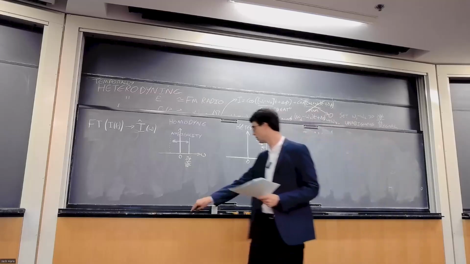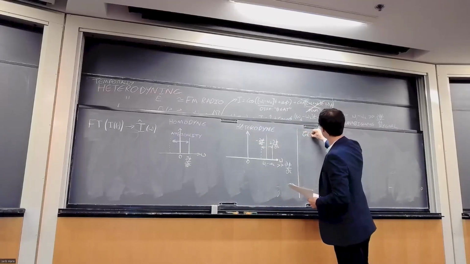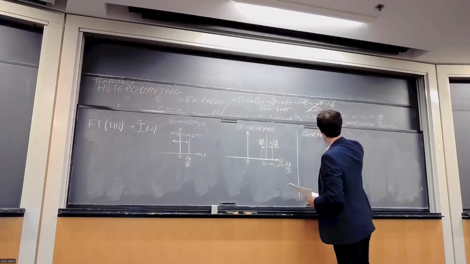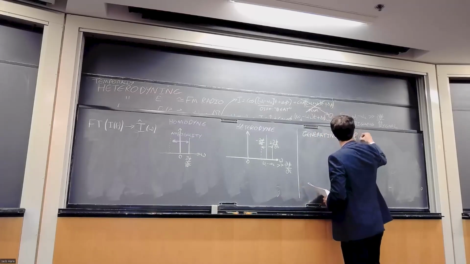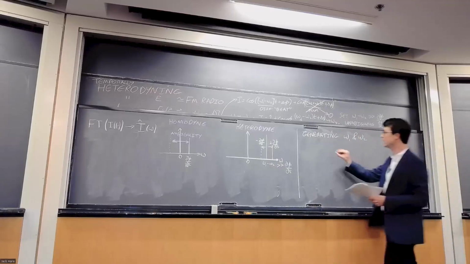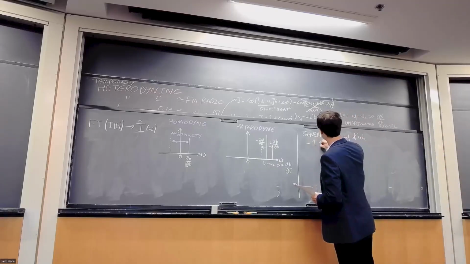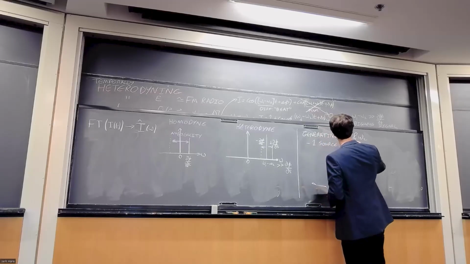Okay, so just a quick note on practicalities. So practicalities in this case is generating omega 1 and omega 2. So as we already said, we really want just one source so that we can keep coherence.